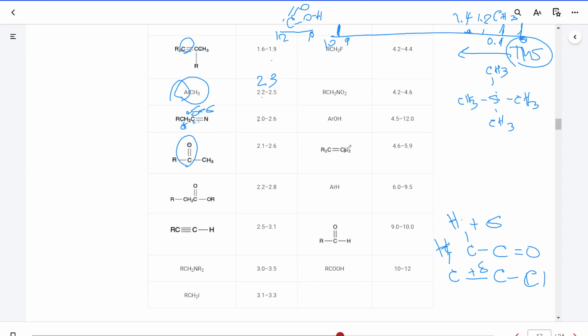So for this CH2 here, the pi system is on the same carbon, so it's going to de-shield this hydrogen a lot more than this system here, because there's a distance. But this carbon is directly attached to the pi system, so it's losing electrons to the pi system, and the hydrogen is going to appear between 5 and 6.